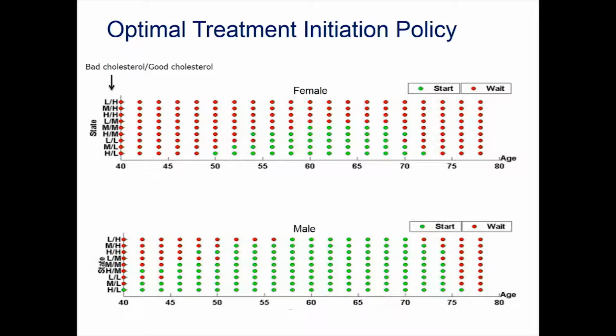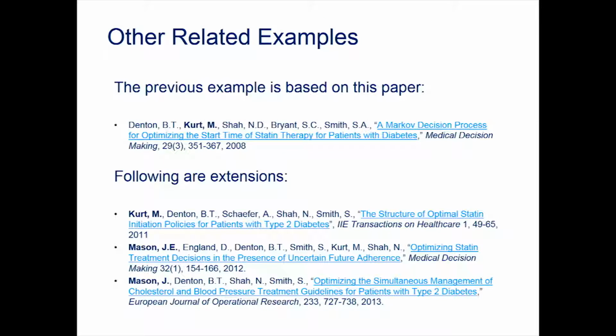Exactly. And in terms of other work that's been done, that's a very early paper. That's the first thing I did to get into medical decision making, my first project. There's lots more to do. At the risk of embarrassing Jennifer Mason back there, more recent work involved looking at multiple treatments for cholesterol and also blood pressure.